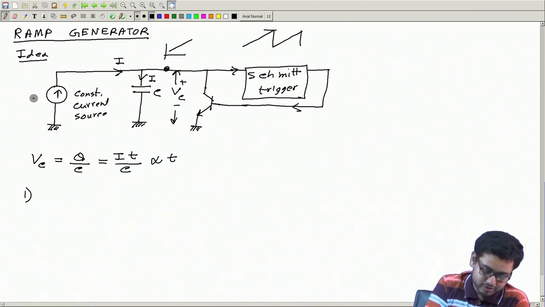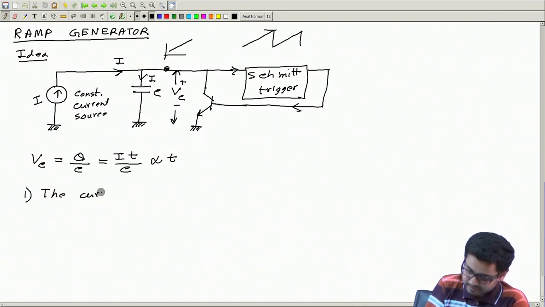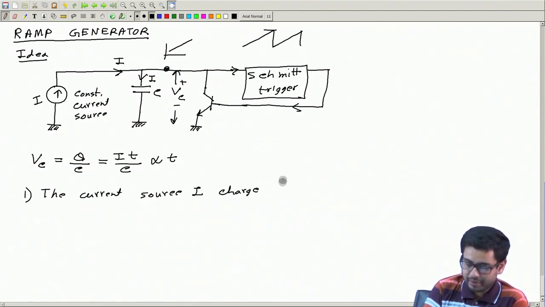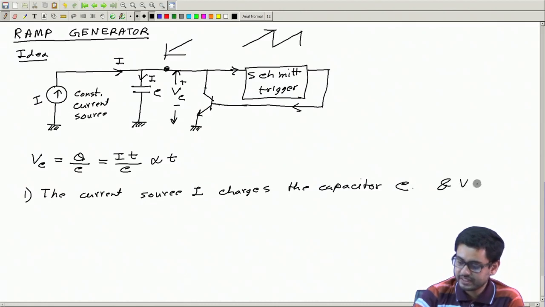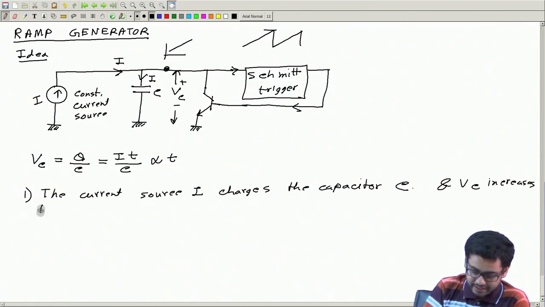So let me just write the essential points. The current source I charges the capacitor C, and Vc increases linearly.